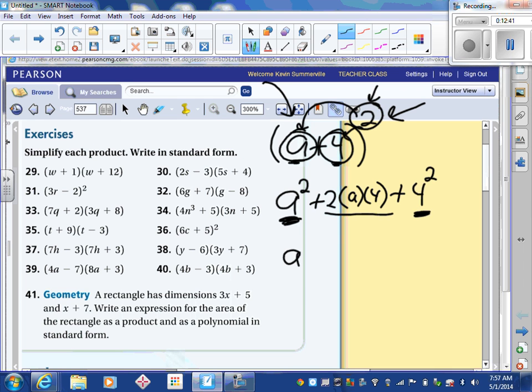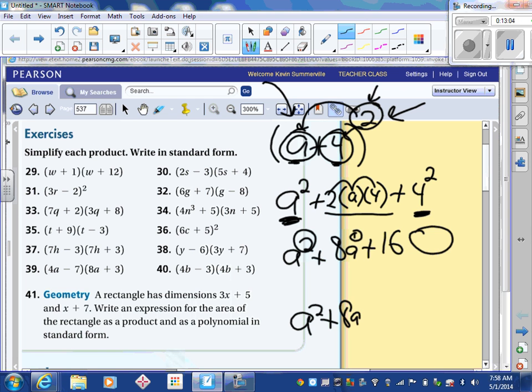Then I go ahead and simplify. 2 times A times 4 is 8A, plus 16. Is it in standard form? Yes. Highest exponent down to lowest exponent down to no exponent. So final answer, A squared plus 8A plus 16.